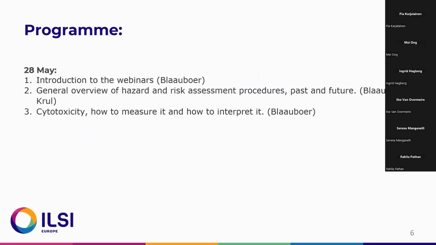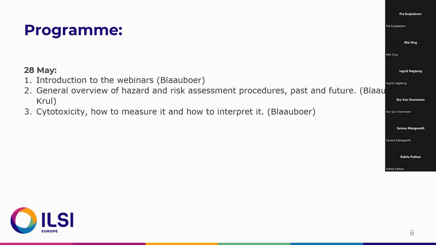Well, on Tuesday we had introductions on the general overview on how hazard and risk assessment is done at the moment and how we could see it in the future. And we also had some more details on the cytotoxicity of it. To remind you, we had also a poll. We asked the participants where they came from: industry, academia or elsewhere. This was about, well, more equally represented, which is nice.